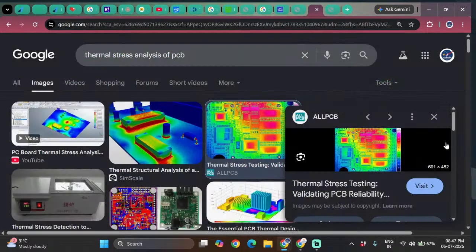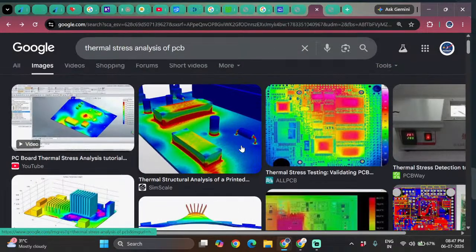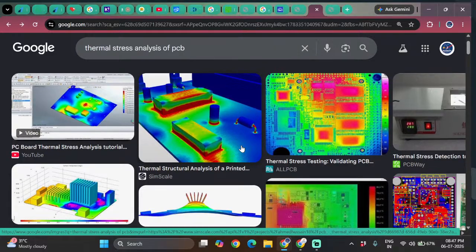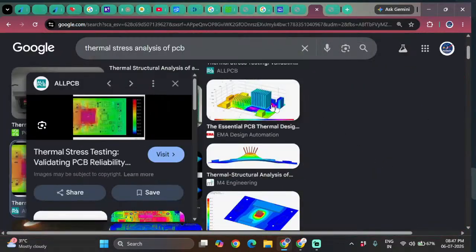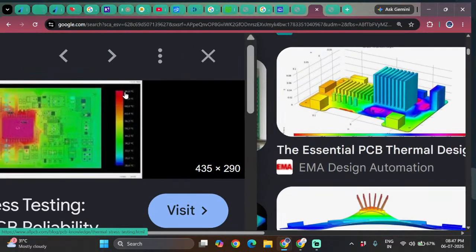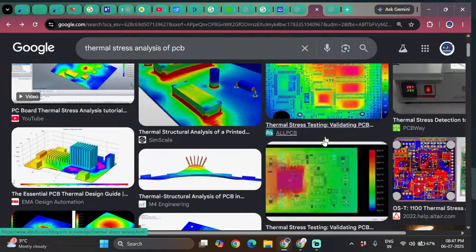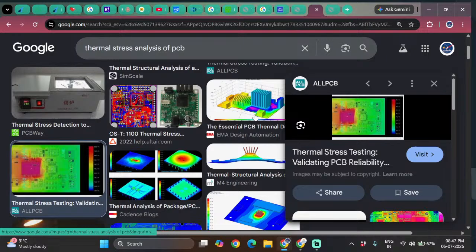From this particular image, we will be able to understand at what specific regions the PCB is prone to higher heat. See, this particular bar on the right side, right? Based on the color, the temperature can be estimated.